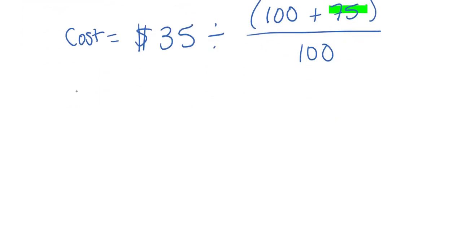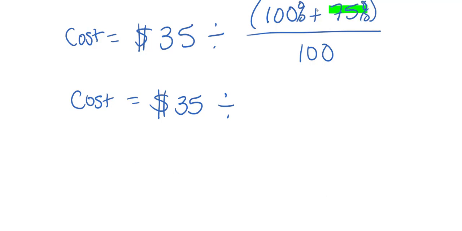So our cost is equal to $35 divided by 100 plus 75, and this is percent, is 175. We divide it by 100, and we get 1.75, right? So this would also be a way to get out a percentage. This would also be in percent here.